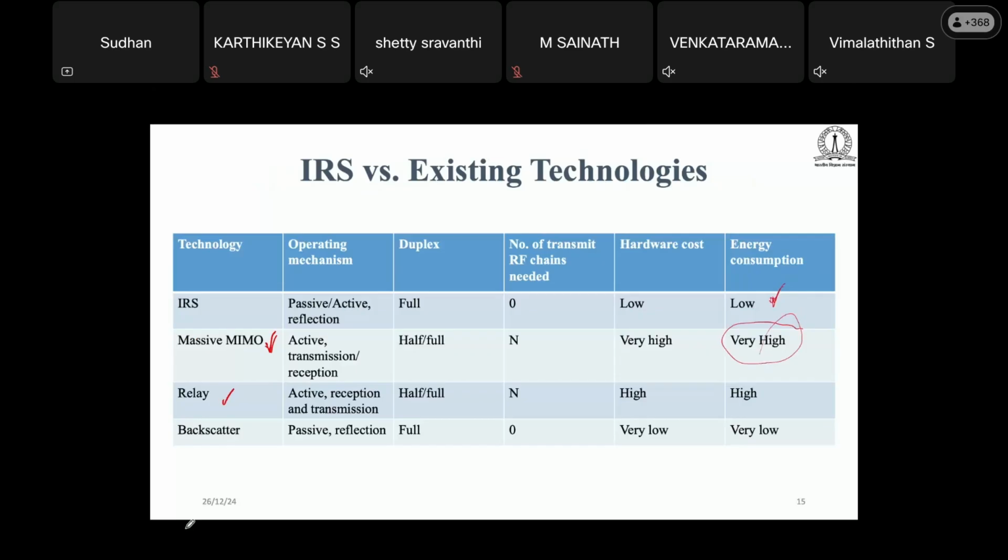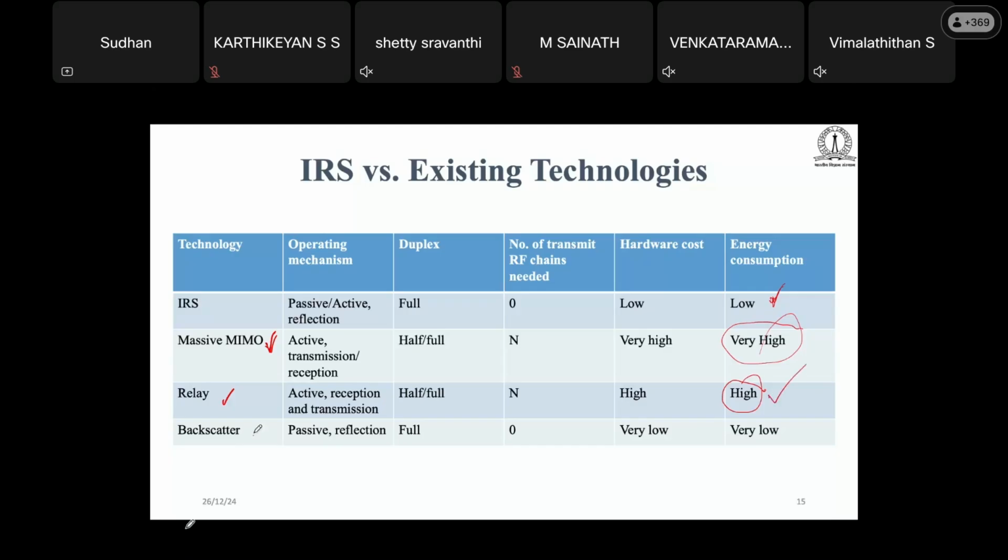Relay, as I mentioned, is also used for cooperative communication. It has active and passive types, but it still needs high power because it does not have multiple elements. It has only one antenna and one receiver, or 4-5 antennas and 4-5 receivers in the multiple MIMO concept of relay, but it still needs more power.